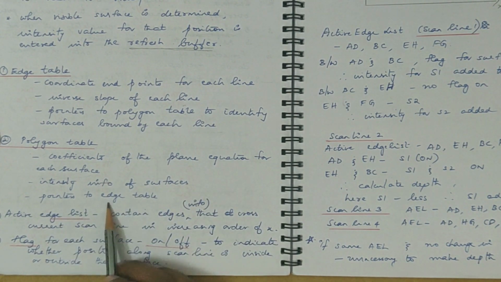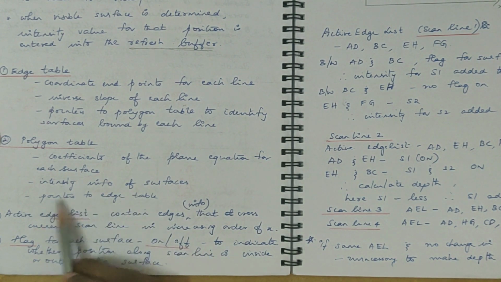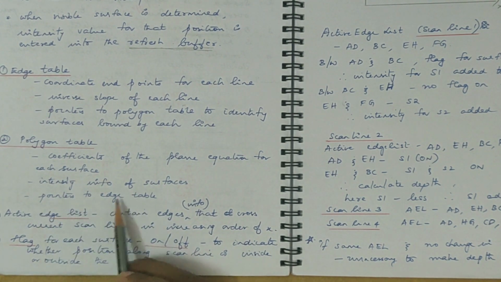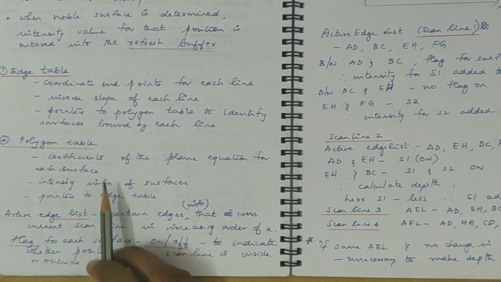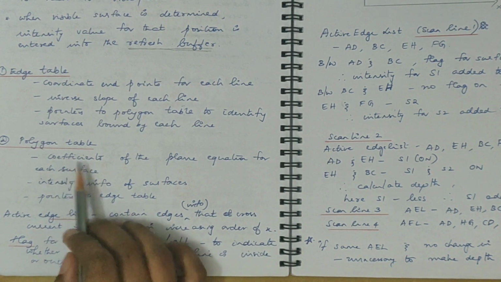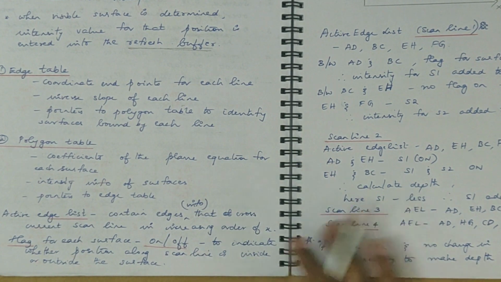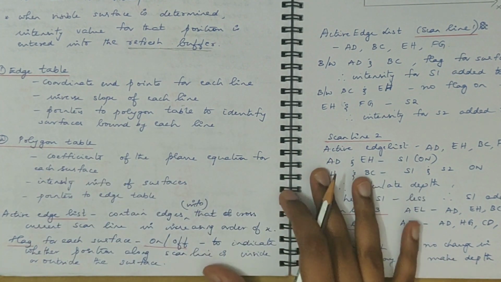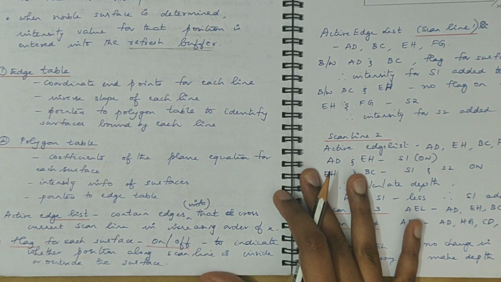Again, from here, which polygon surfaces point to which edges, that data is also stored in the polygon table. This polygon table is actually covered in module 5, where it talks about the structure of the polygon table, edge table and all. So if you have any doubt in that, you can refer to that topic in module 5.